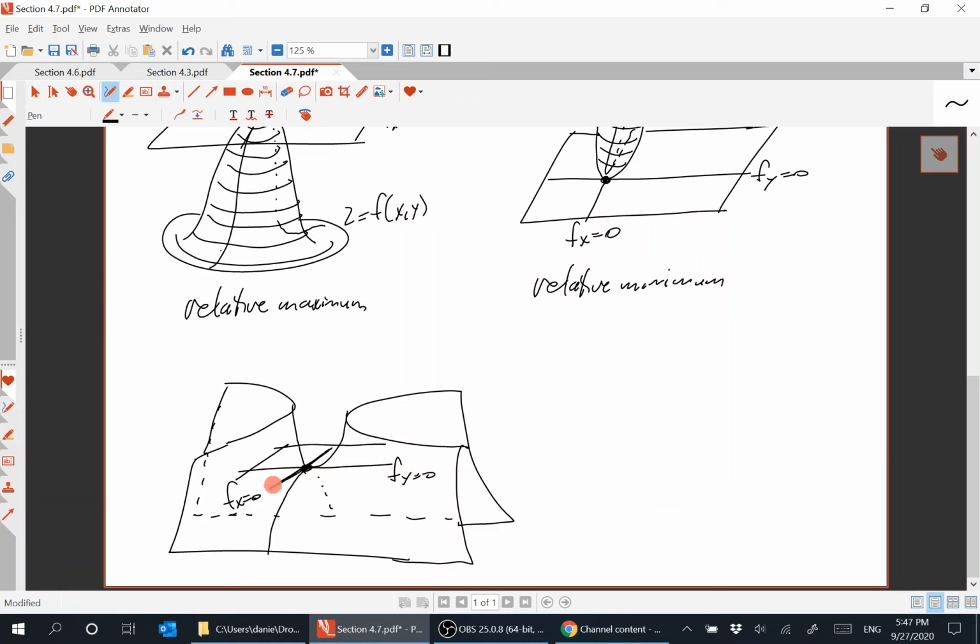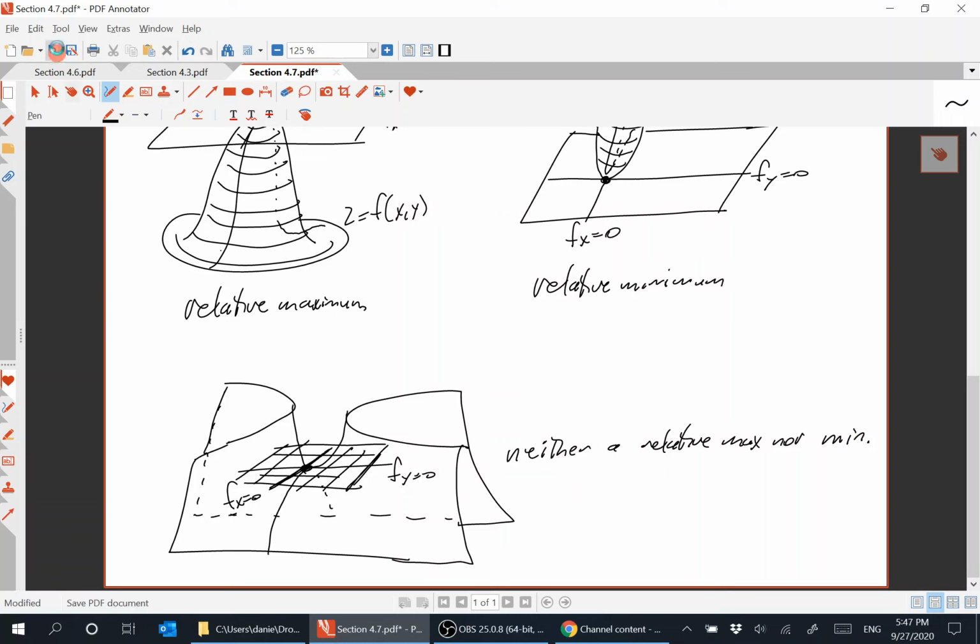And so the tangent plane is horizontal there as well. And this is neither a relative max nor a min.